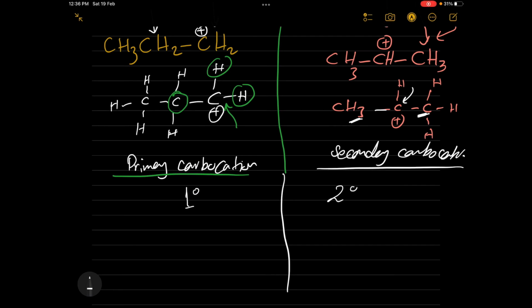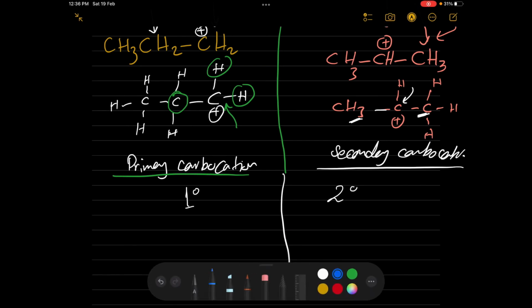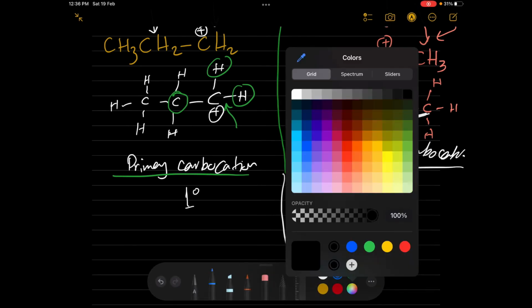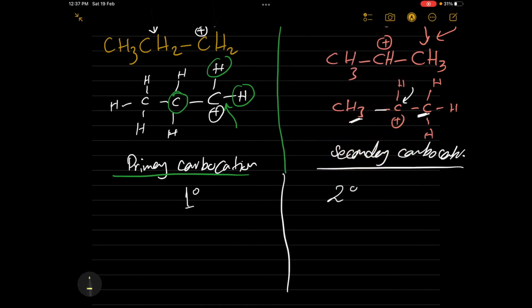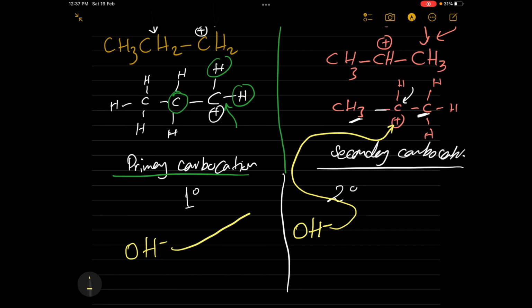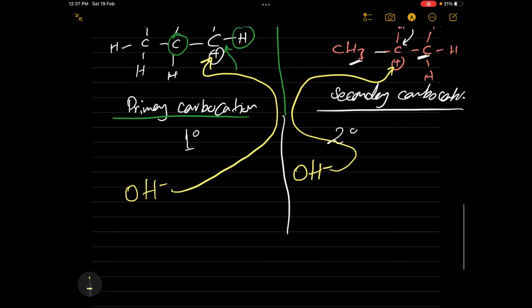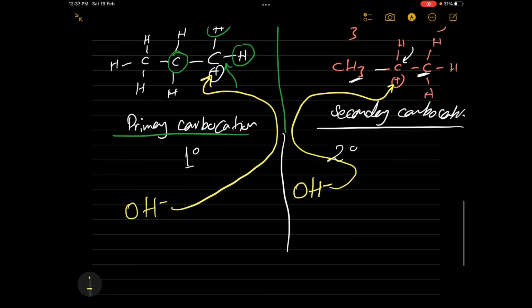So what to do to make a reaction? The next step of the reaction, or let's say the remaining material, is the OH. The OH here and the OH here. The OH will attack again here, the secondary, and the OH here will attack this primary, which means we're going to see two products, all right, two products.